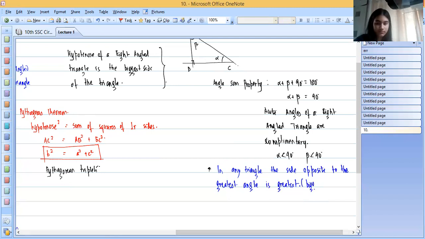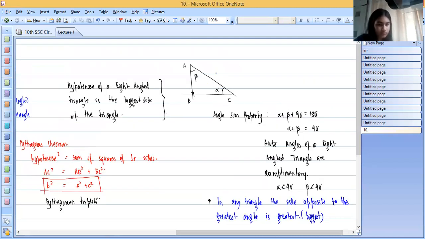So in a right angle triangle, 90 degree is the biggest angle. So therefore hypotenuse is the biggest side of the right angle triangle.